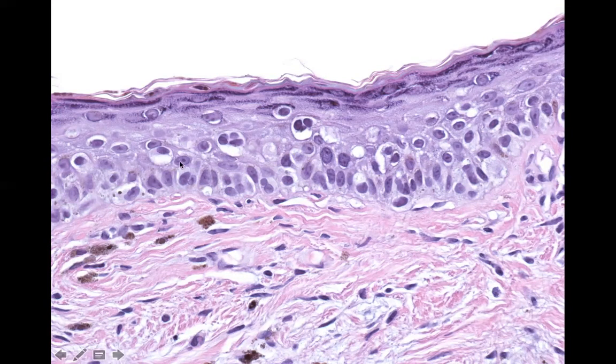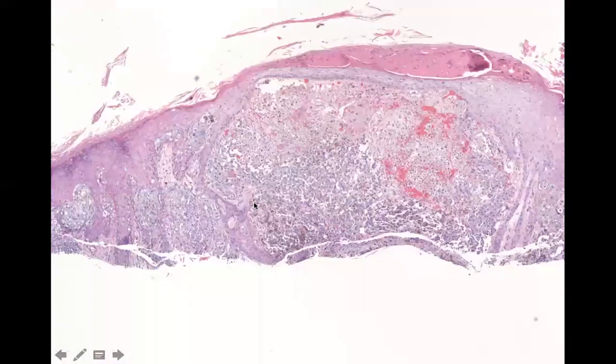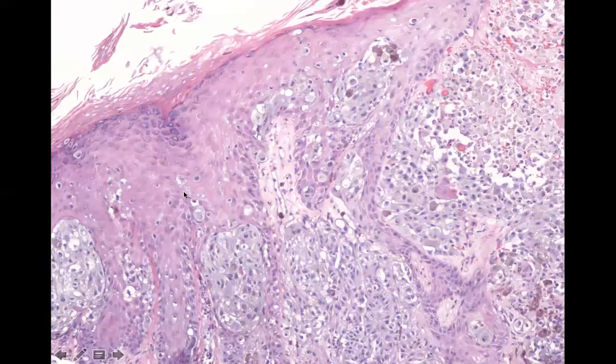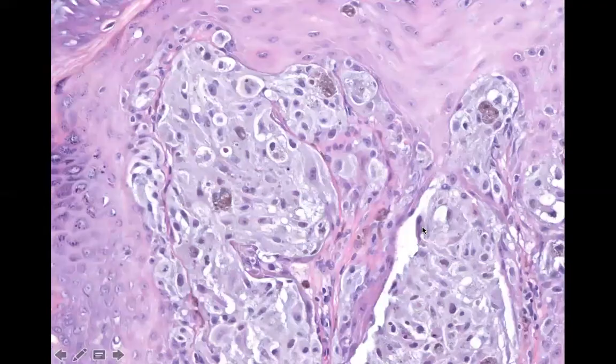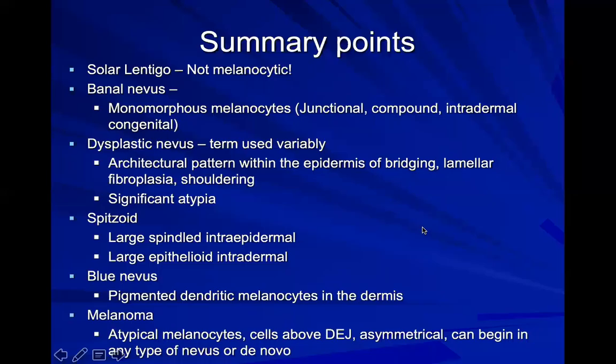Sometimes they're hard to see, but you can see that your desmosome pattern and your basal layer are disrupted, and that should catch your eye. This is obvious, right? Obvious melanomas are obvious. Very atypical, nests in the epidermis, nests throughout. This thing never started as a nevus. Cells above the DEJ, atypical melanocytes. Obvious. All right.